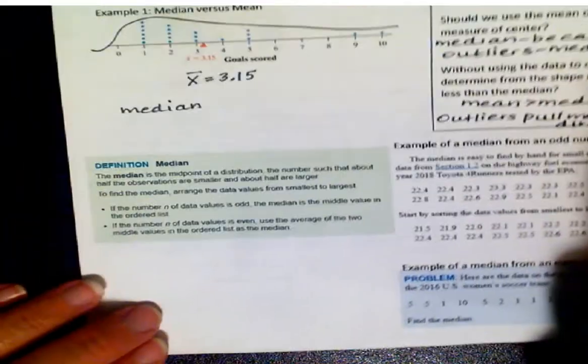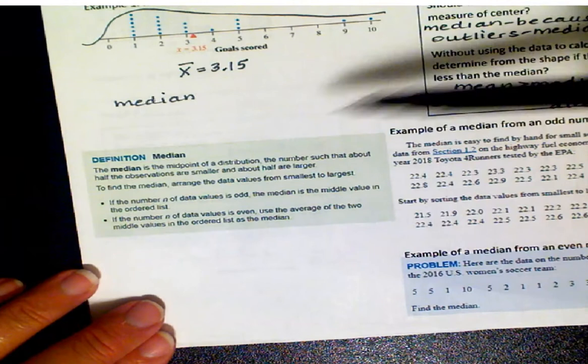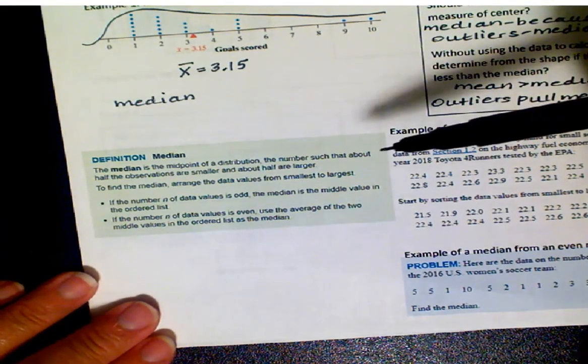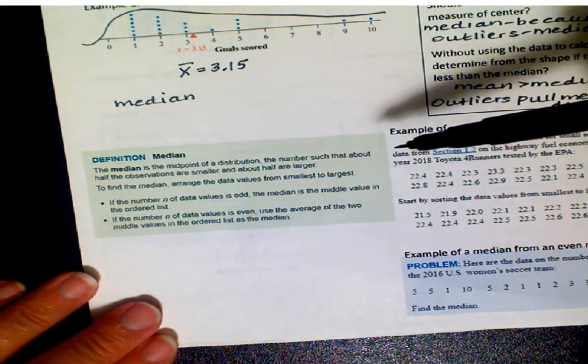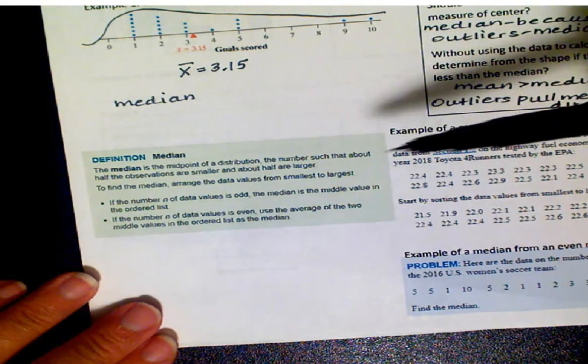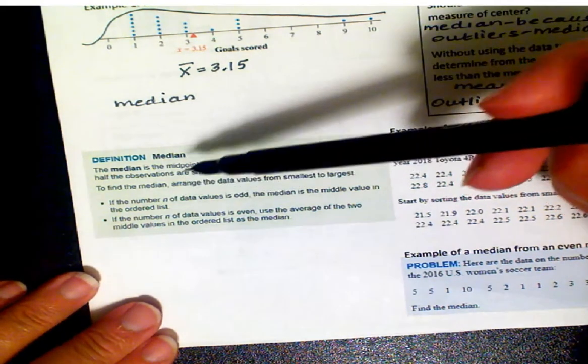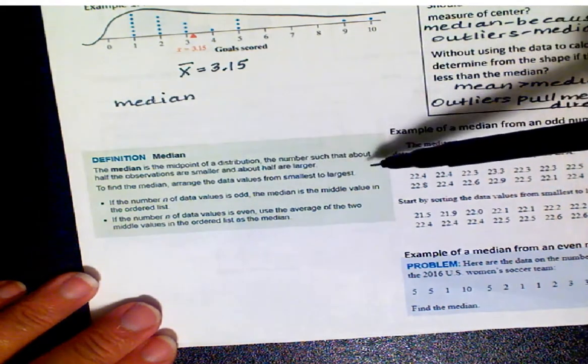We're going to talk now about how to find the median. I'm going to review. The median is the midpoint of a distribution, the number such that about half the observations are smaller and about half are larger. The way to find a median is to arrange the data values from smallest to largest.